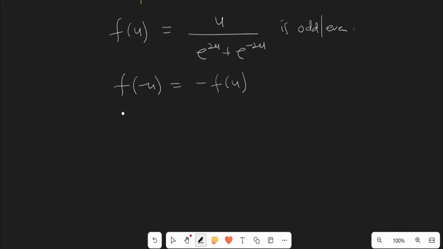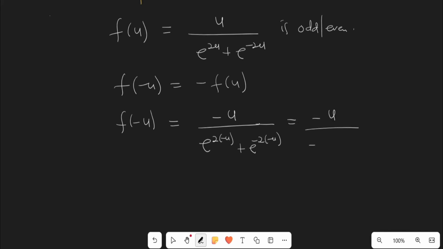So let's find f of negative u. Wherever you see u, you plug in negative u. That becomes negative u divided by e to the 2 times negative u plus e to the negative 2 times negative u.